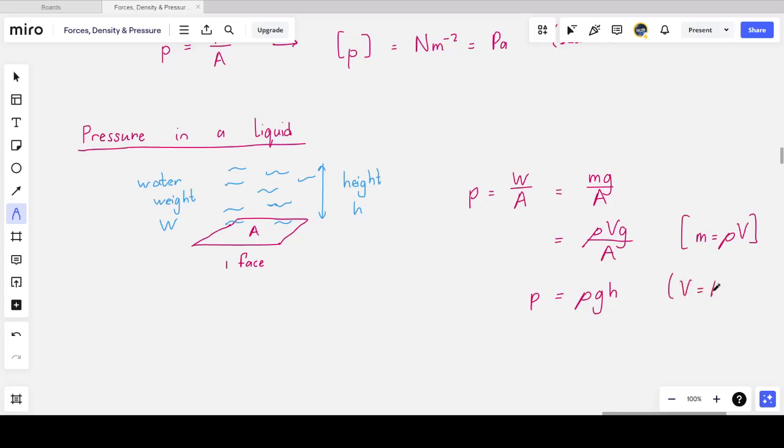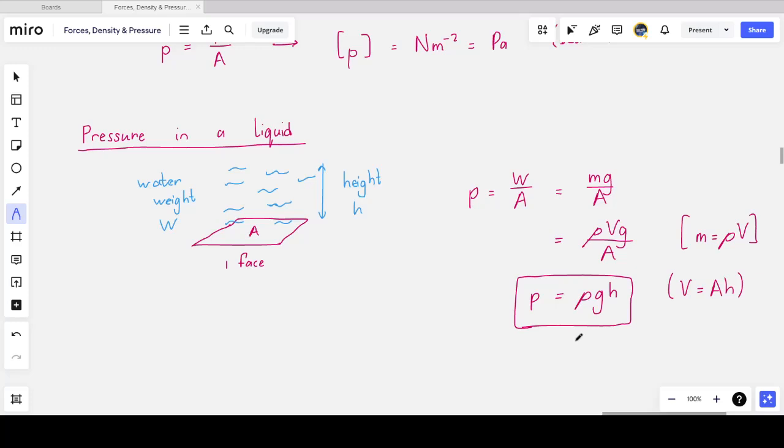Because the volume of water is the surface area times the height of the column. So the surface area multiplied by the height is going to give me the total volume occupied by the water. So the pressure, which we sometimes call hydrostatic or liquid pressure at a depth h, is rho g h, where rho is the density of the liquid. In this case, we use water, but it could be any liquid.